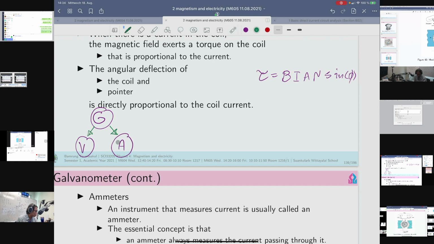What is the application for the ammeter? As you know, ampere is the unit of the current, right?